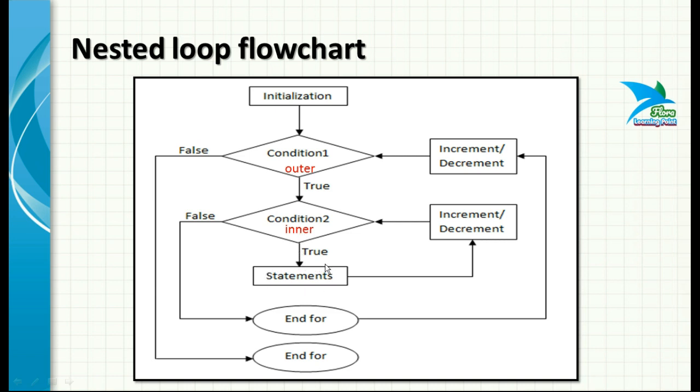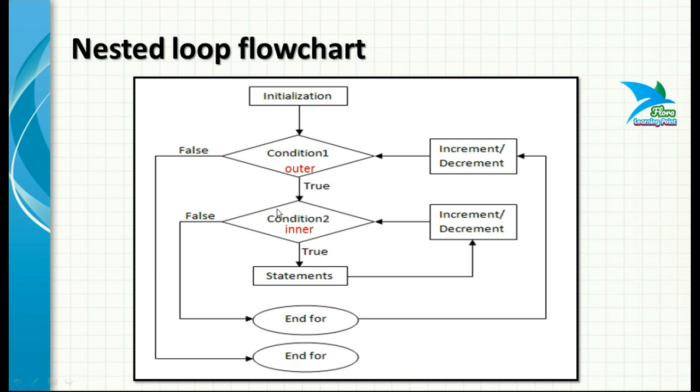If the condition is true, then the statements inside the nested loop get executed, and after the completion of these statements, the control moves to the increment or decrement statement. In the case of a for loop, the system automatically increases or decreases the value depending on the step inside the range function.